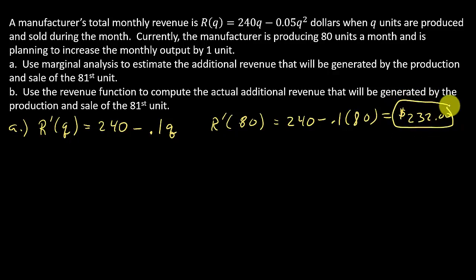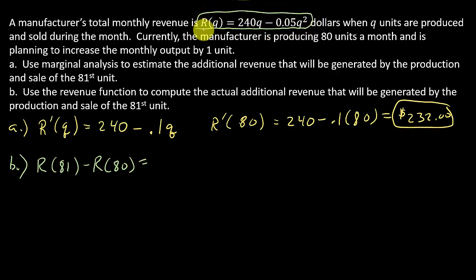And then it wants us to compute the actual revenue. So that's just going to be R of 81 minus R of 80. So we have to evaluate the revenue function, R, up here.